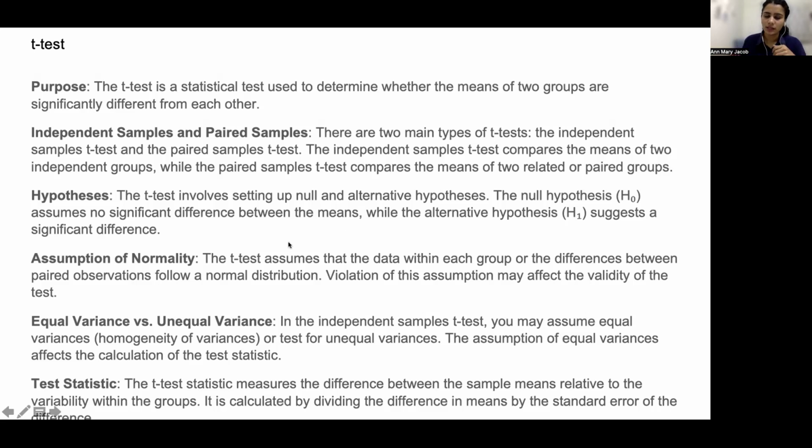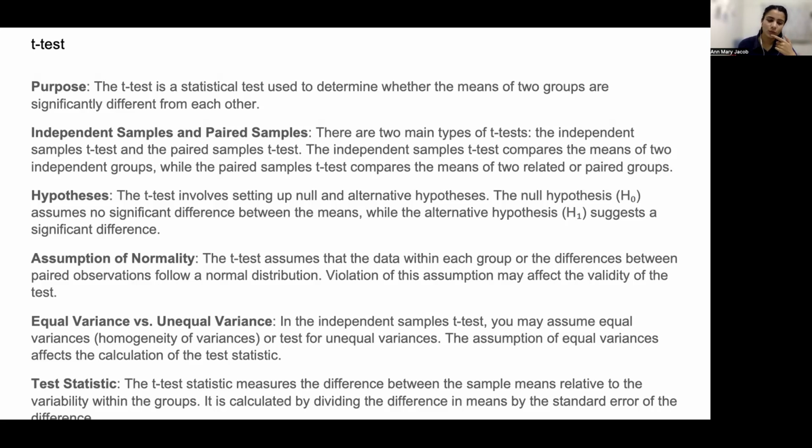Now, again, much like any other statistic, you'll have to make hypotheses. You can form a null hypothesis or an alternate hypothesis. So null hypothesis assumes that there is no significant difference between the two data sets or two sample means. And an alternative hypothesis will assume that there is a statistical difference.